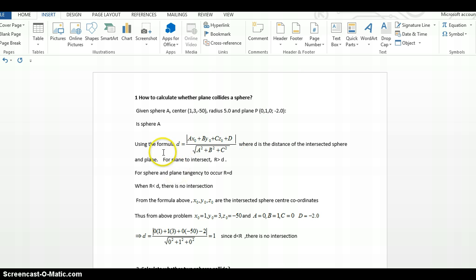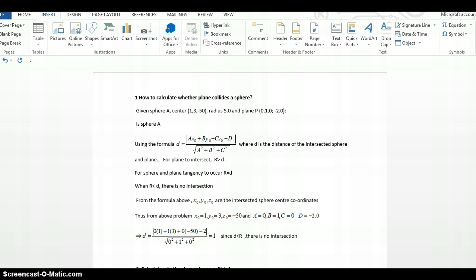So we have the formula here. D is equal to Ax0 plus By0 plus Cz0 plus D, divided by the square root of A squared plus B squared plus C squared, where this d is the distance of the intersected sphere and plane.